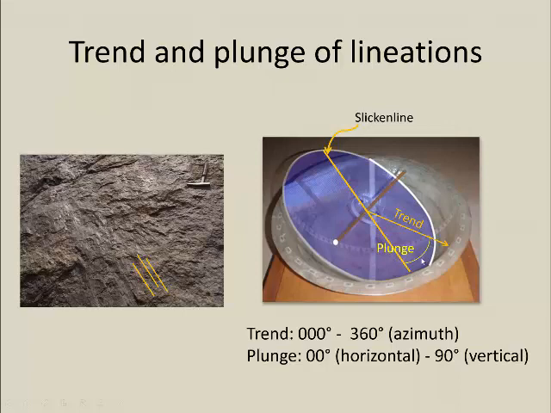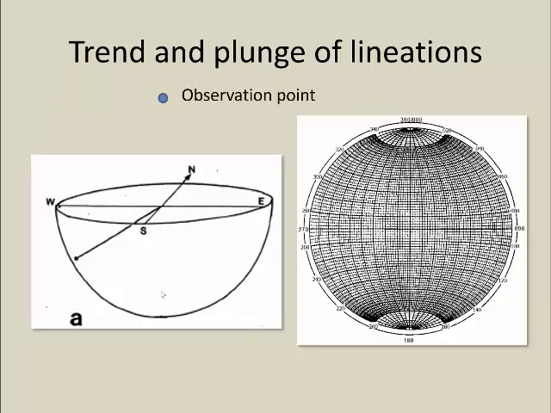That would be the plunge, here in yellow, and that would be the trend. The trend is expressed between 0 and 360 degrees as an azimuth. The plunge ranges from horizontal to vertical, between 0 and 90 degrees. In our example, we have seen that this is a shallowly plunging lineation of 12 degrees.